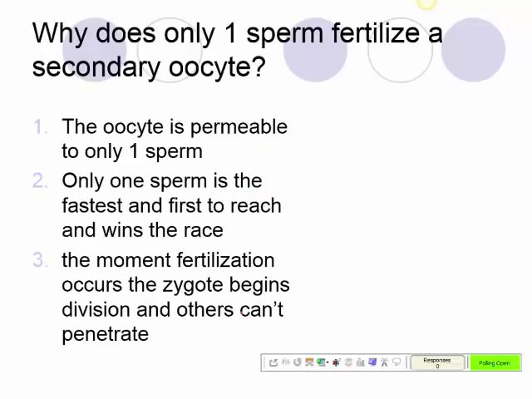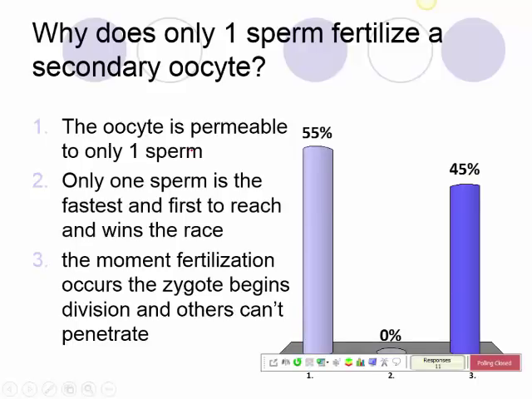So let's take a look at some questions up here. Why does only one sperm fertilize a secondary oocyte? The oocyte is permeable, as I said, to only one sperm.